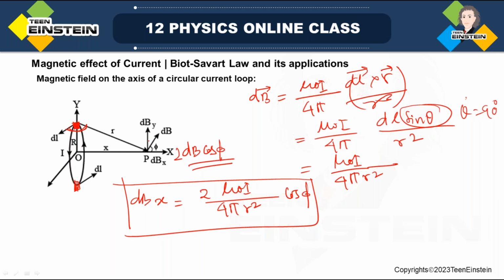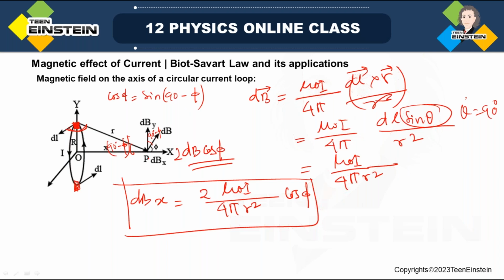See, if this is phi, then this is 90 minus phi, and this also will be 90 minus phi. This particular angle will be 90 minus phi. Okay, so if we find out what is cos phi, I can write cos of phi means sine of 90 minus phi.